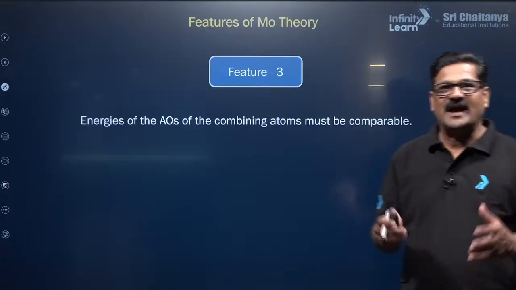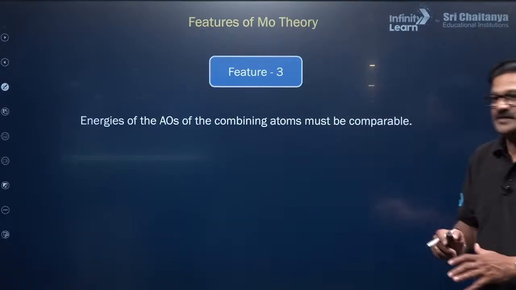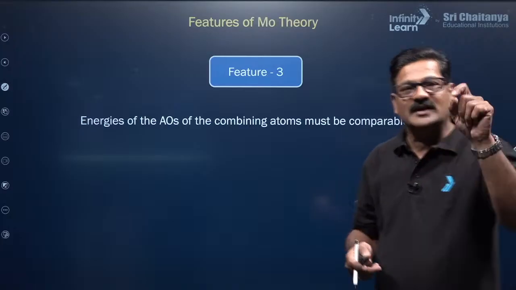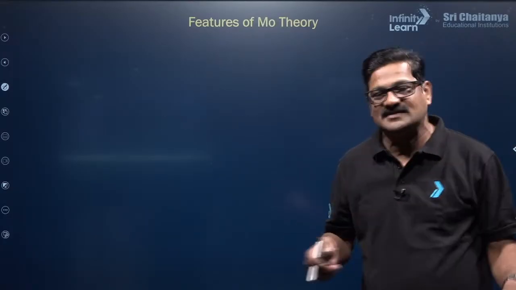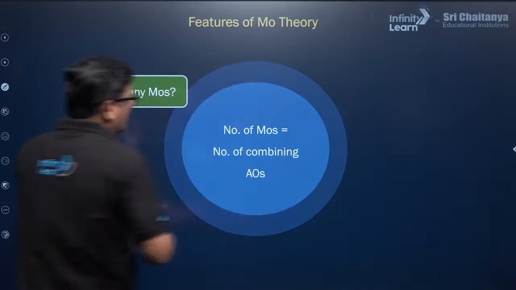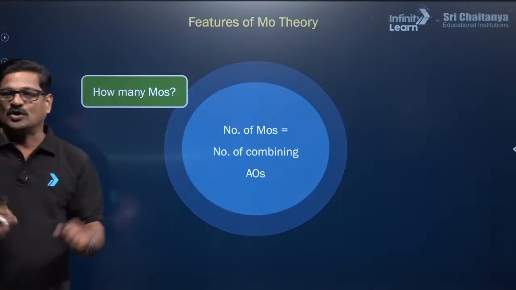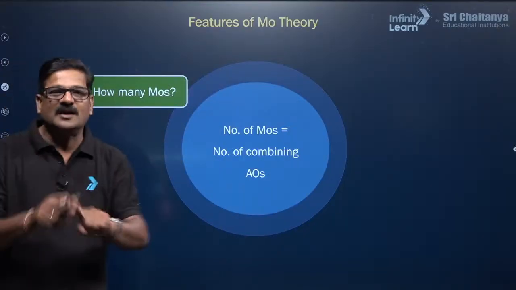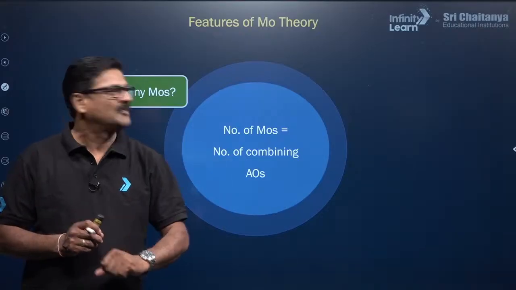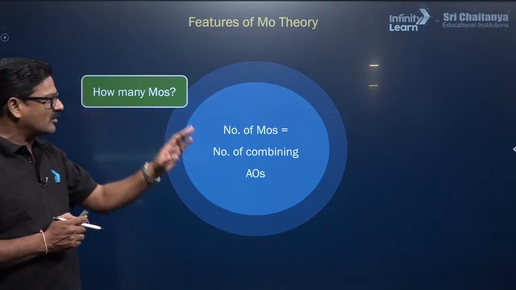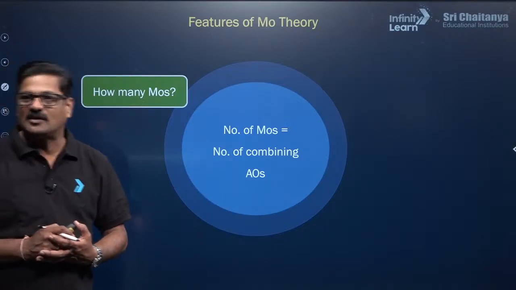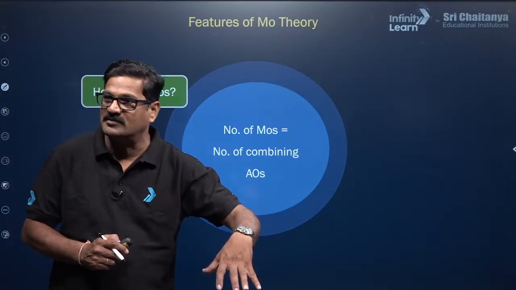When the atomic orbitals combine to give rise to molecular orbitals, the atomic orbitals should have nearly the same energy or exactly the same energy. So the number of atomic orbitals that combine, that many molecular orbitals are formed. The number of molecular orbitals forming should be equal to the number of atomic orbitals involved in the combination.